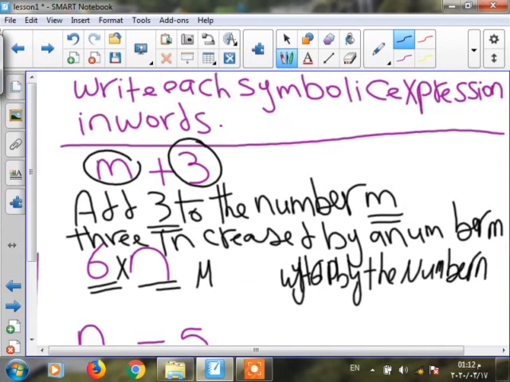Multiply 6 by the number n. Multiply the first digit by the second digit. So I have multiplied 6 by the number n.